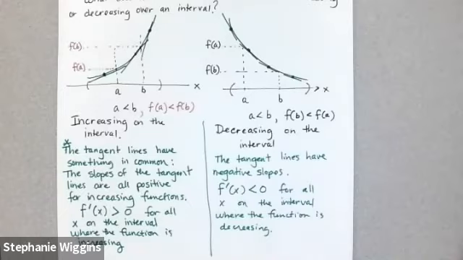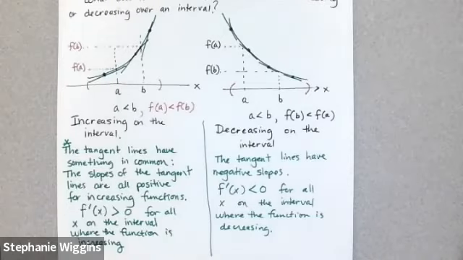So as you can imagine, not all functions are always increasing, and they're not always decreasing, but if you focus in on an interval, you can narrow it down to where they're increasing or decreasing. So the point I'm trying to make here is often a function will start out increasing, then it will turn to decreasing, and then it'll turn to increasing like that.